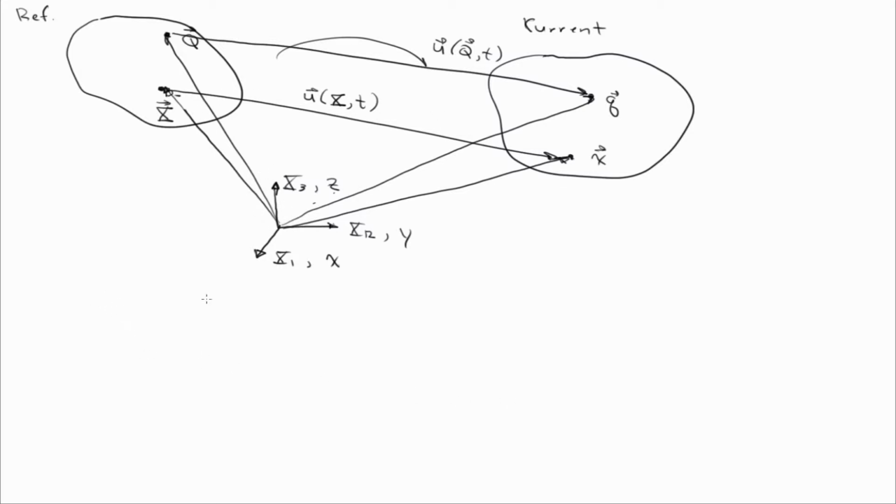So just vector addition, right? I have little x is equal to big X plus u of big X and time. And little q is equal to big Q plus u of big Q and time.